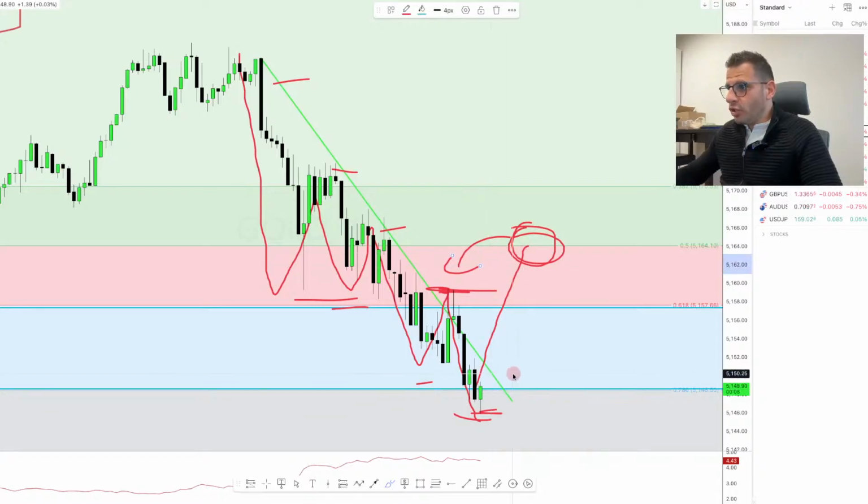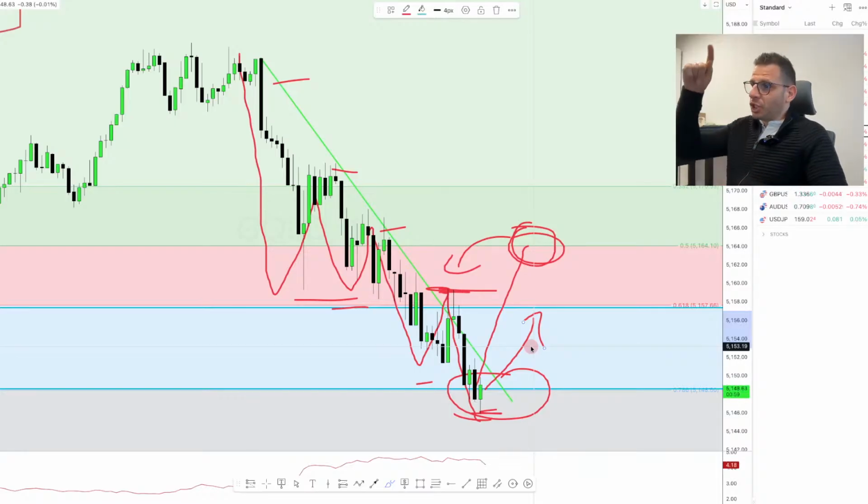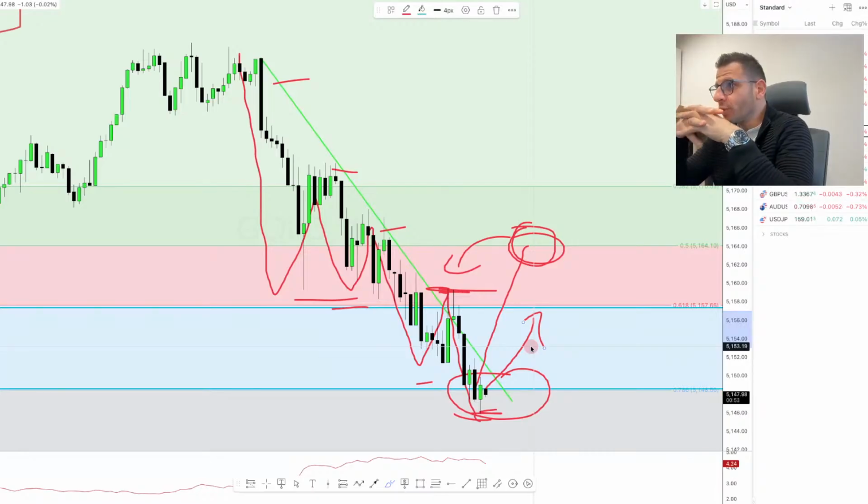If you try to buy here expecting the price will move further up and expecting an uptrend, the beginning of the uptrend, you have to understand that you are trading against the downtrend, and at this point sellers are in control.